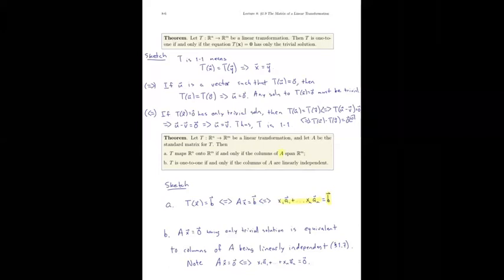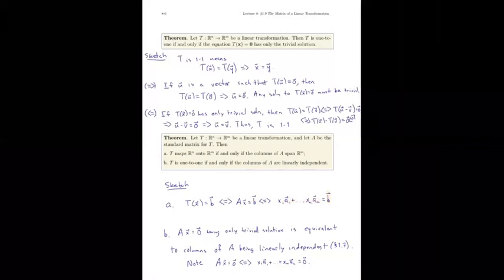Well, that's the same thing as A spanning Rm, because we can generate any vector in Rm through a linear combination of the columns of A. Okay, so that handles onto more or less, right? T is onto if and only if we can generate any vector in Rm as a linear combination of the columns of A.